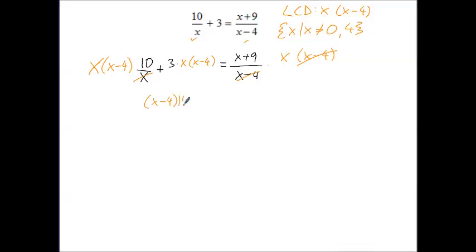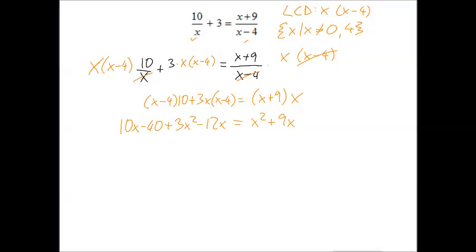X minus 4 times 10 plus 3x times x minus 4 is equal to x plus 9 times x. And next I'm going to distribute: 10x minus 40 plus 3x squared minus 12x is equal to x squared plus 9x.